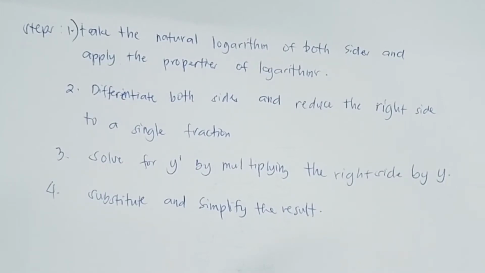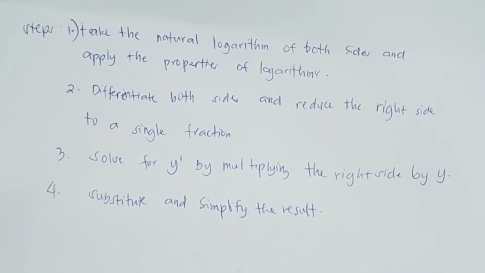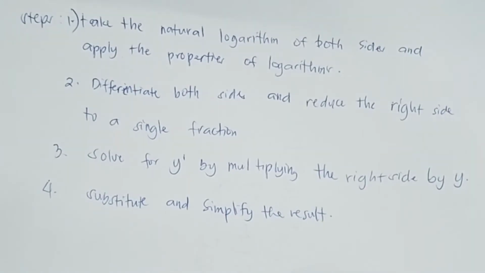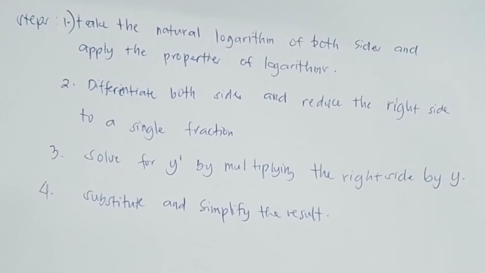By doing that, we can find the first derivative of y, or the y prime, and multiply it by the y, or the equation itself. To finish, we need to substitute and simplify the result. So let's get started.